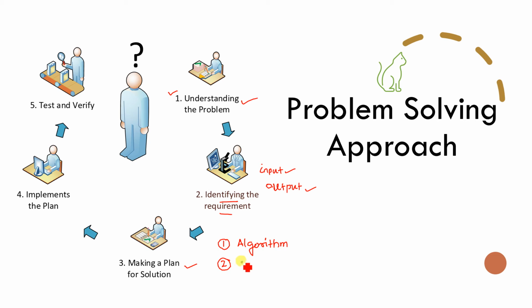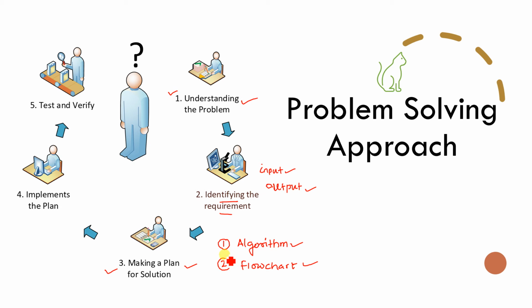Then after writing the algorithm, we need to draw the flowchart. Flowchart and algorithm are more or less taught in a single class, not separately. For every problem given to us, after identifying the input and output, we need to write the algorithm as well as draw the flowchart for that solution, and that is called making a plan for the solution. This is how the concepts of algorithm and flowchart come in.